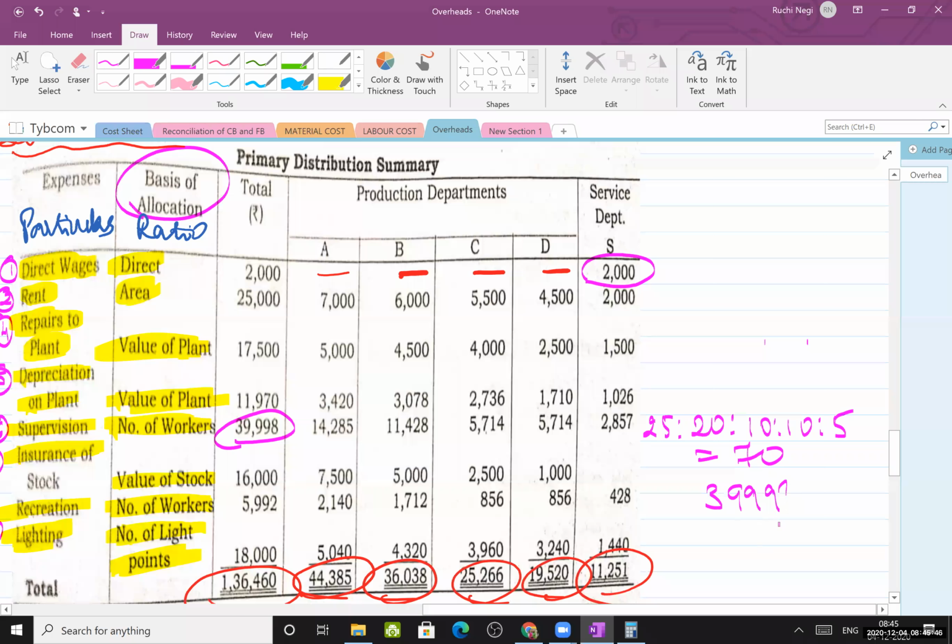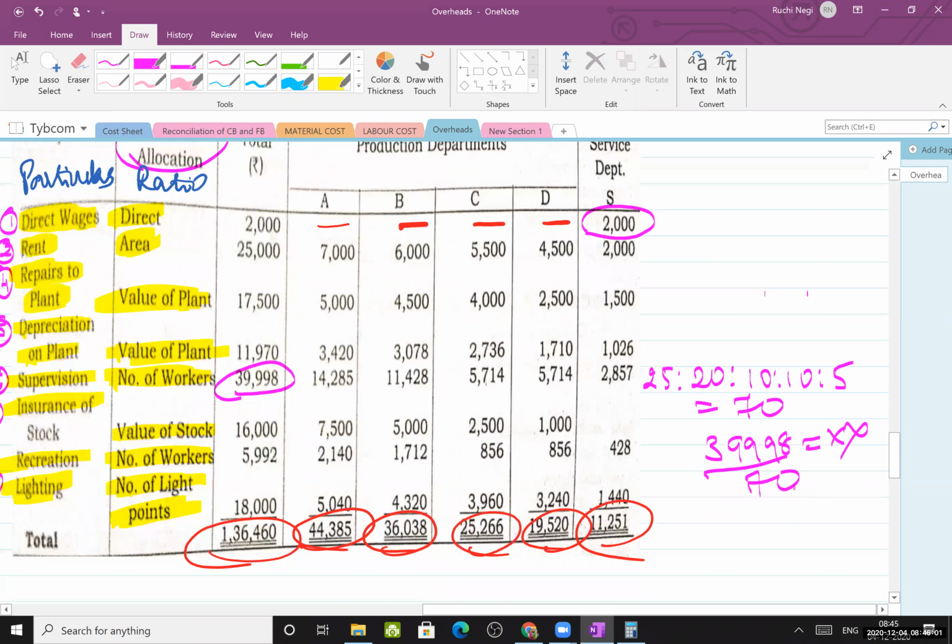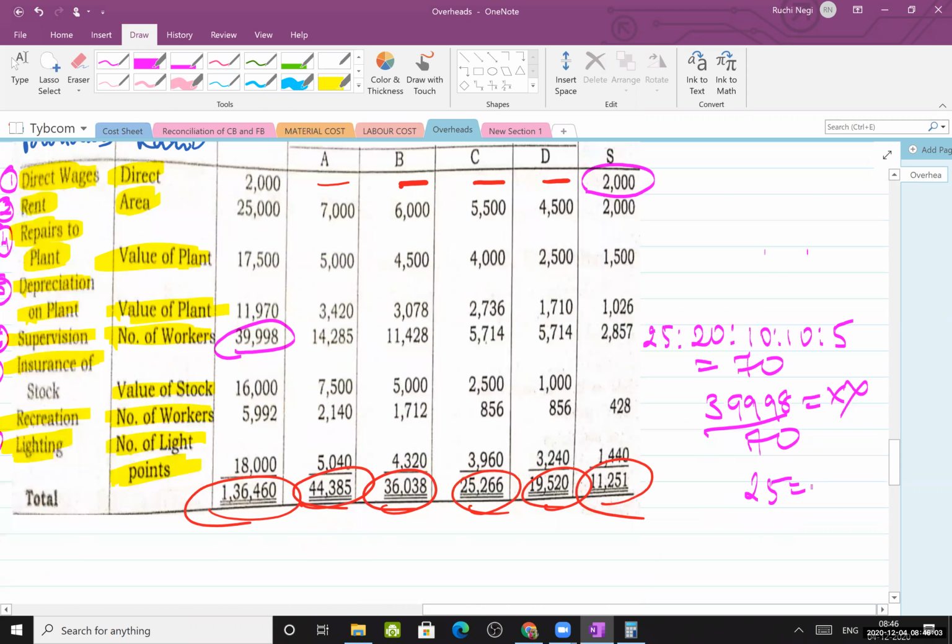39998 divided by 70, equal to multiplication sign 2 times. Now type 25, press equal to 14285.